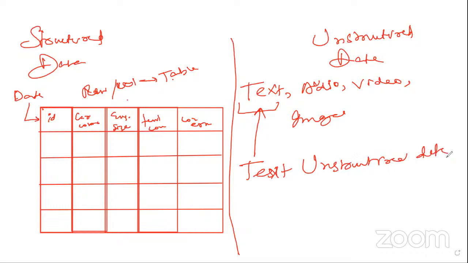The basics of NLP is that we need to first pre-process our text data, and how can we do that? If we check the name, it is known as NLP, and at the end we have the word processing in it: natural language processing.